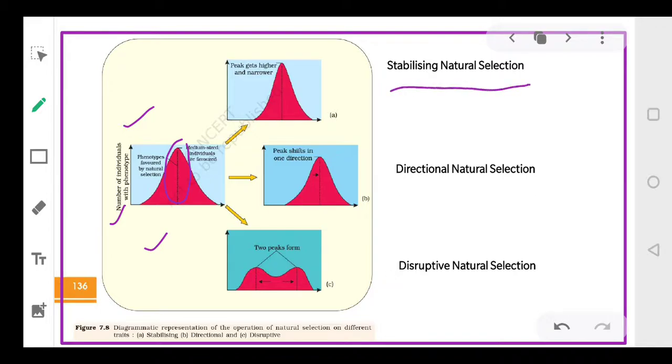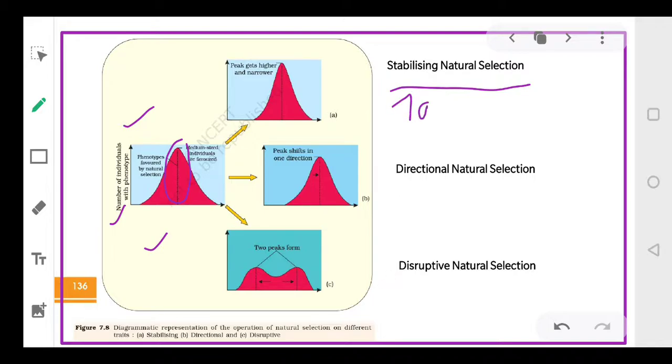Now coming to the 3 selections. First is stabilizing selection. Let's see what happens in stabilizing natural selection. Suppose, as I said, there are 3 individuals: tallest, medium and shortest.